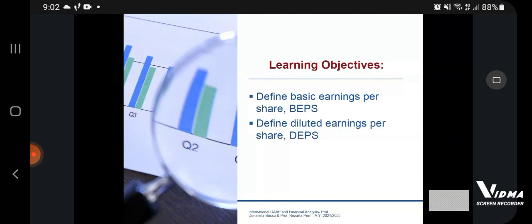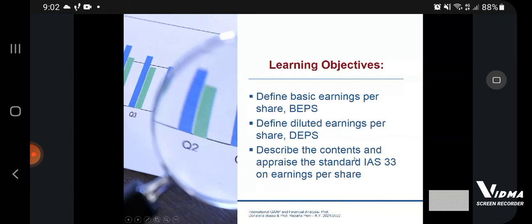If we assume the conversion of the potentially ordinary shares, what could be the difference or the usual decrease in value of the earnings per share? That is actually the diluted earnings per share that we will learn to calculate today.